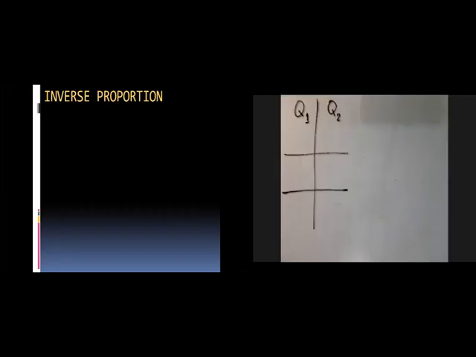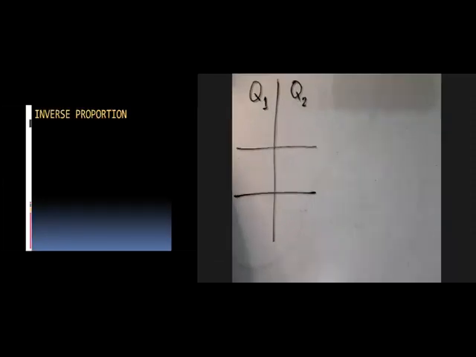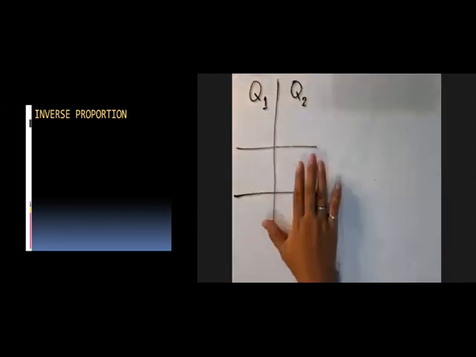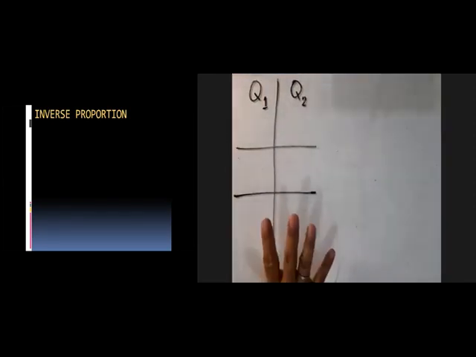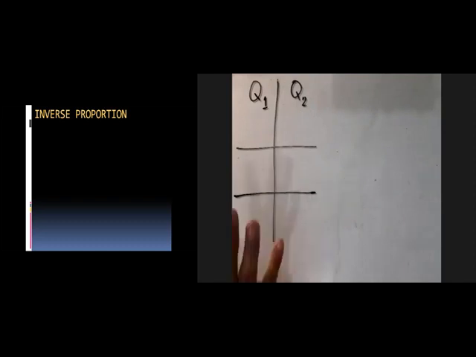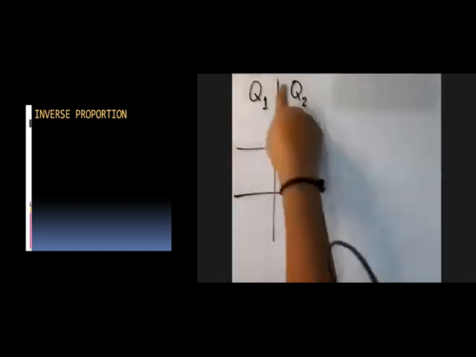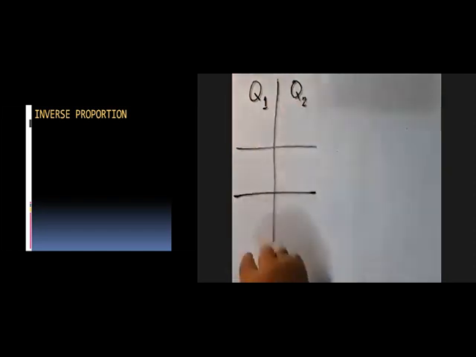Okay, kagaya ng pagsosolve natin ng ating direct proportion problem, we need to make a table. Kailangan natin ng table to organize the data in the problem. Okay? As kung napanood niyo yung unang video, yung direct proportion video, I have also this table prepared.